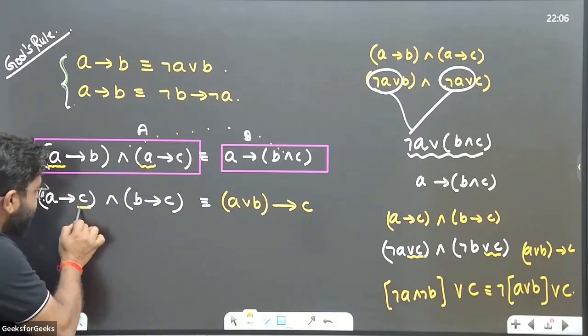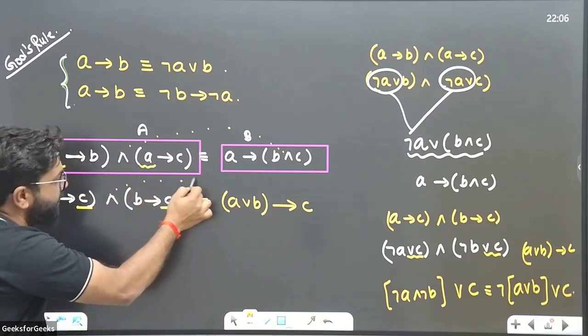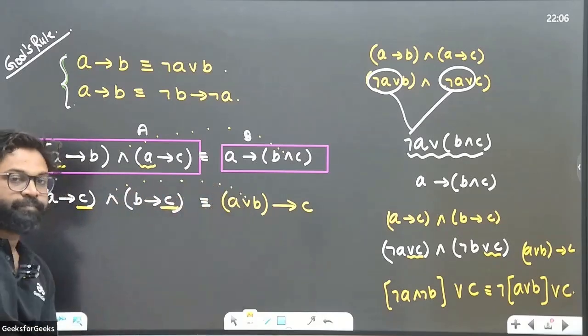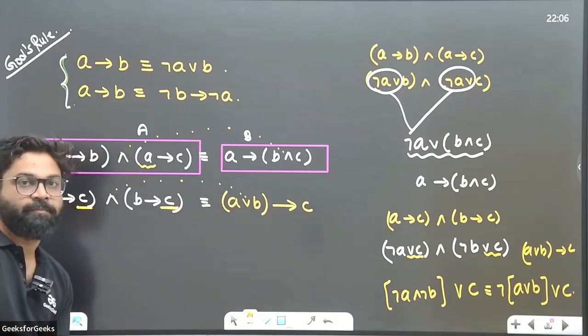But when the right side is the same, then the operator is changing. Why is it changing? Just because of De Morgan's law.